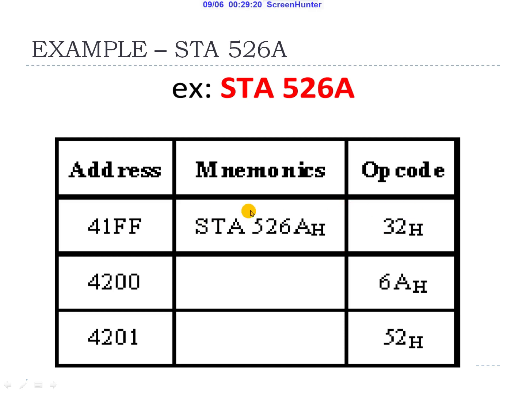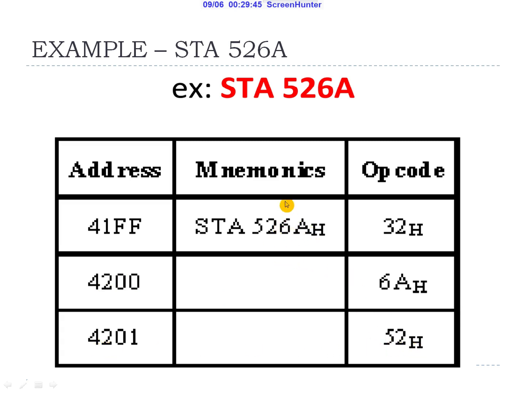The opcode is stored in 41FF as 32H, and the address value of the STA instruction is stored in the consecutive memory addresses: 4200 having 6A and 4201 having 52.